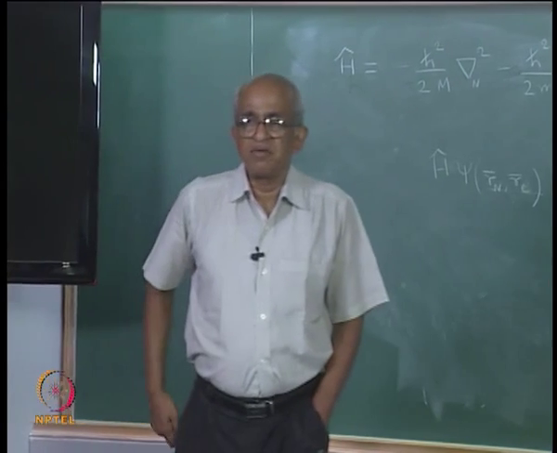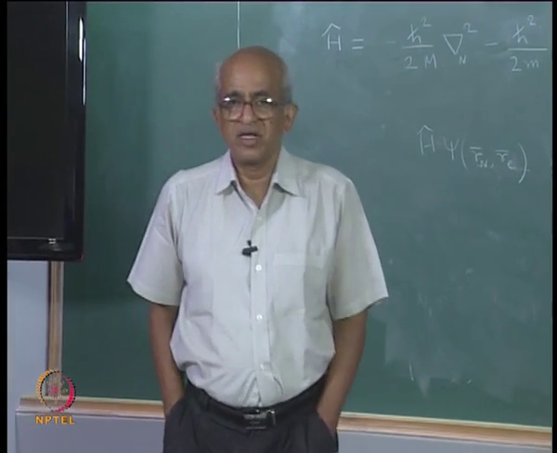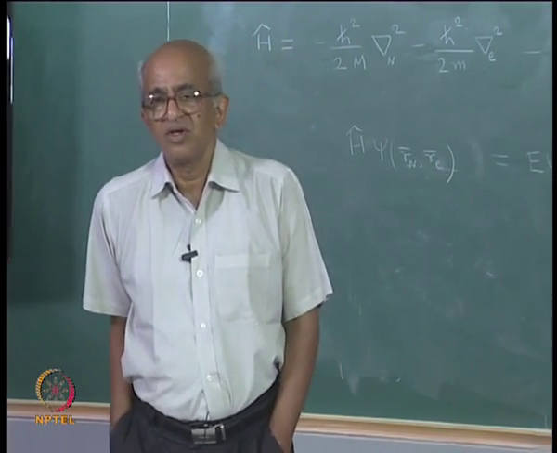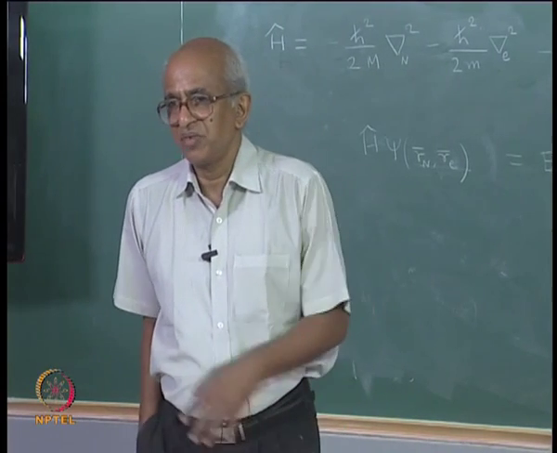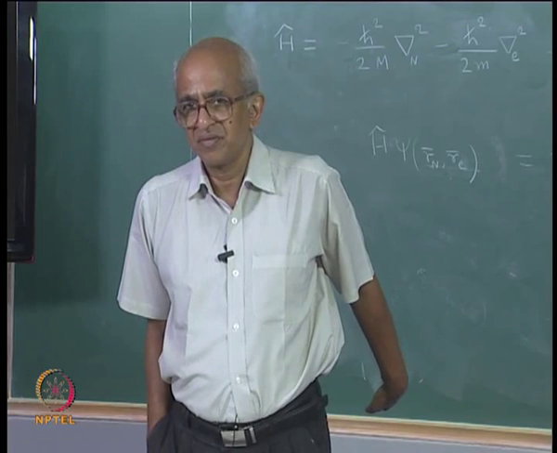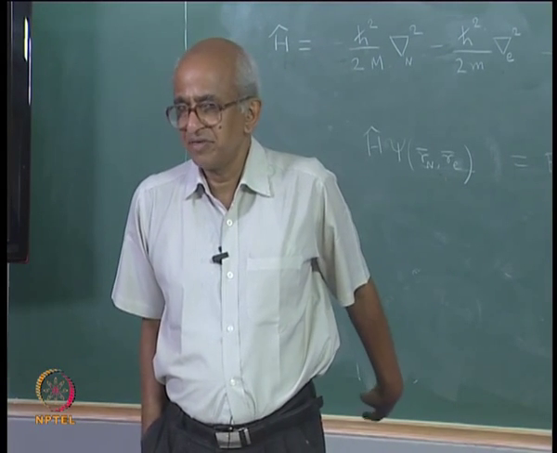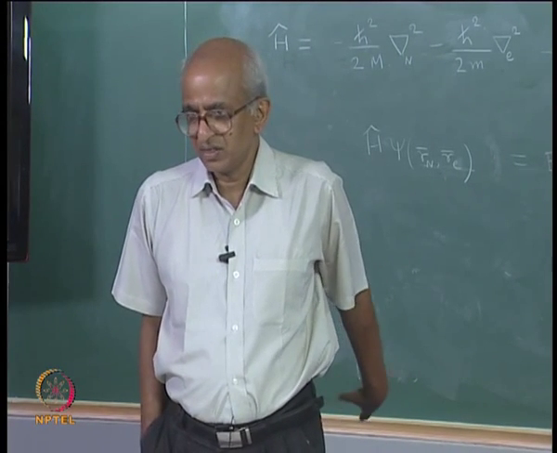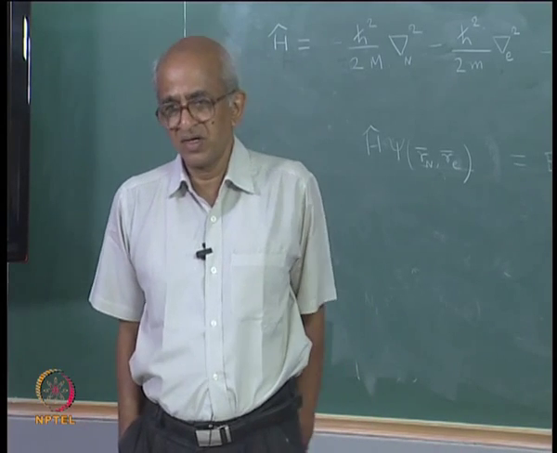Now, you see we have difficulties even in solving ordinary differential equations, and so if you say that you have a partial differential equation involving 6 variables, it seems extremely difficult to solve, correct. This equation seems extremely difficult to solve.